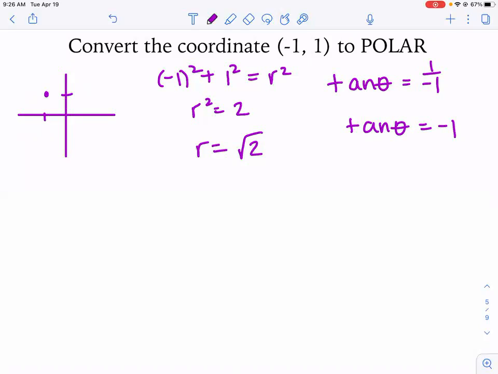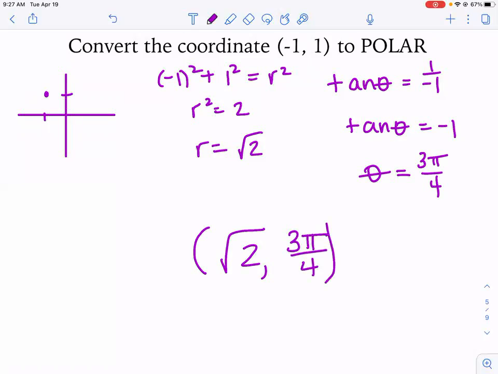So since we're in the 2nd quadrant and the tangent is -1, what does that mean our angle is? What's our angle, Patton? Pi/4. Yes.